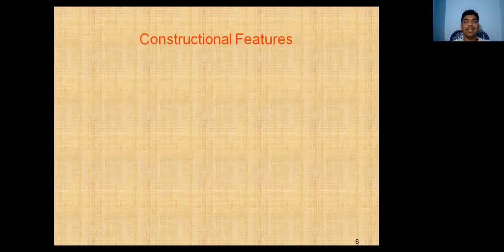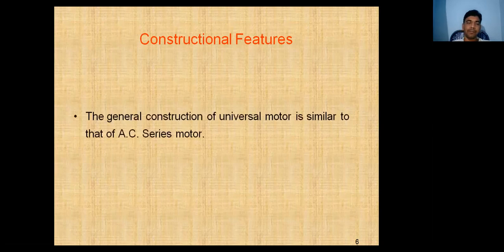Coming to the constructional features of universal motor: the general construction is similar to that of AC series motor. It has a stator and a rotor.